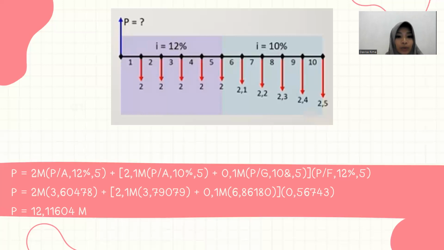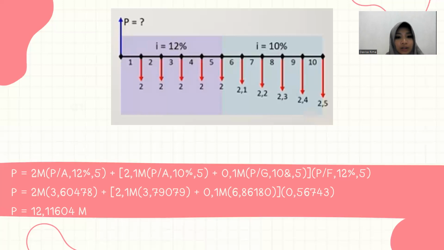We present it with P per F at 12%, because from the beginning of the 6th year to the beginning of the first year here, the interest rate is 12% and n is 5. Then we add the P value that we presented at the beginning to the P value that we got from cash flow in the first 5 years.